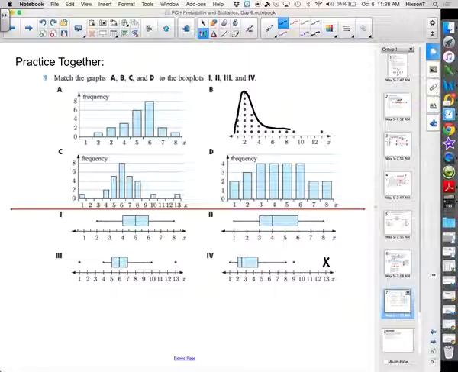This one just happens to be an outlier as well, 9. But you can see here, most of our data is clustered right down here from 1 to 4. So that's where most of the data is, and then we have those couple of outliers. So good. B is 4.